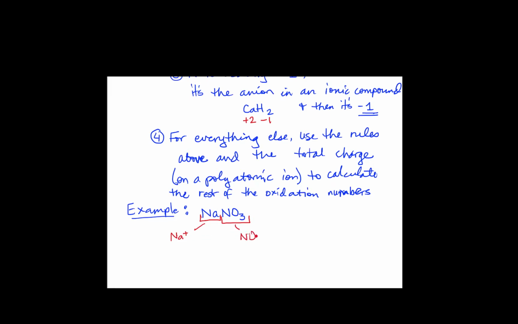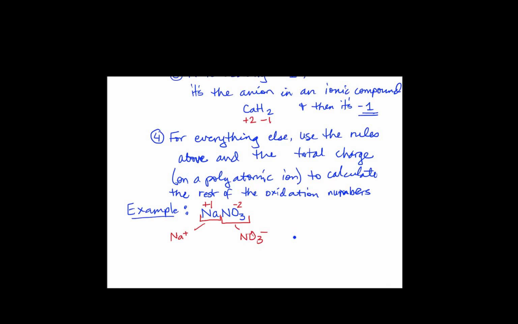And so its oxidation number is going to be the same, +1 for the sodium. So for the nitrogen and the oxygen, this is nitrate ion, which has a -1 charge. Remember my oxygen has a -2 charge unless it's in a peroxide or a superoxide, and that's not what's going on here. So I'm just going to figure out the nitrogen from everything else.